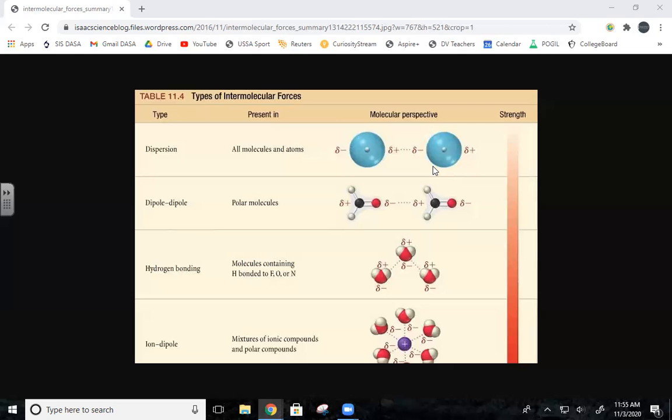Now the symbols mean charge, right? Questions on how that works?